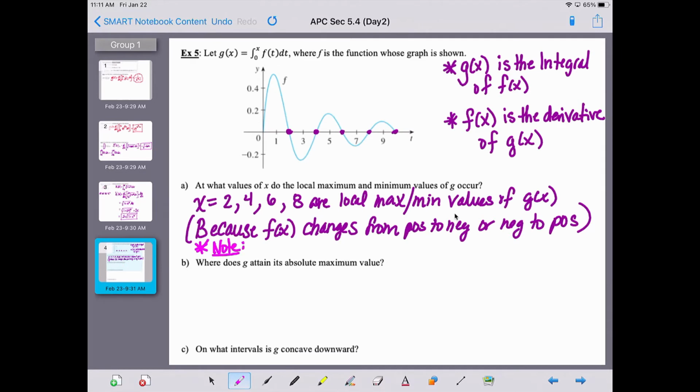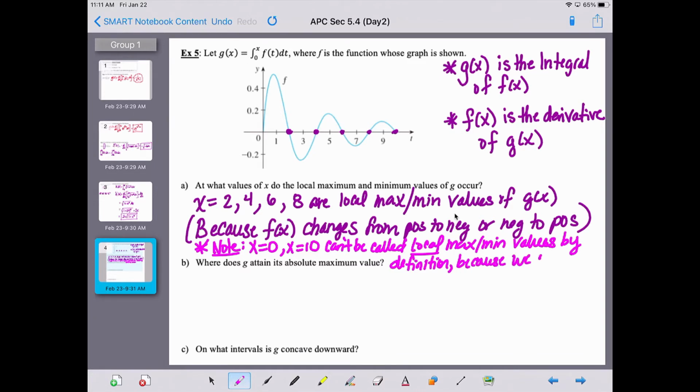So note, x equals 0 and x equals 10 can't be called local max or min values by definition because we can't see both sides. Remember, endpoints of an interval can only be absolute maxes and mins. They cannot be local maxes and mins.